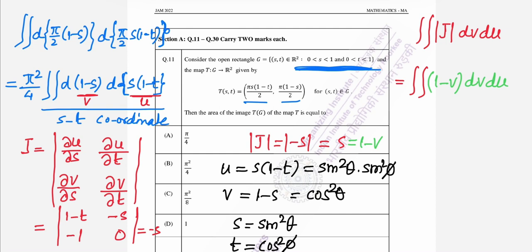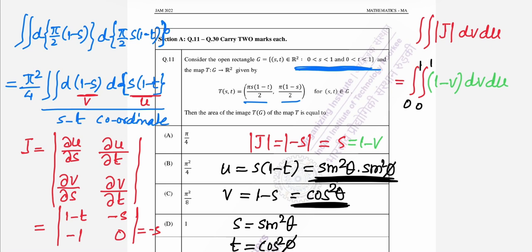But as I said, I am doing this only to make you understand the limits. Obviously theta and phi are independent, so this will go from 0 to 1, and this one will also go from 0 to 1. So the limits for both integration signs will be 0 to 1, 0 to 1.